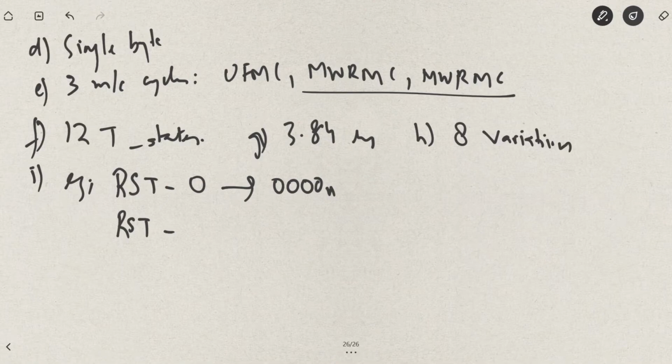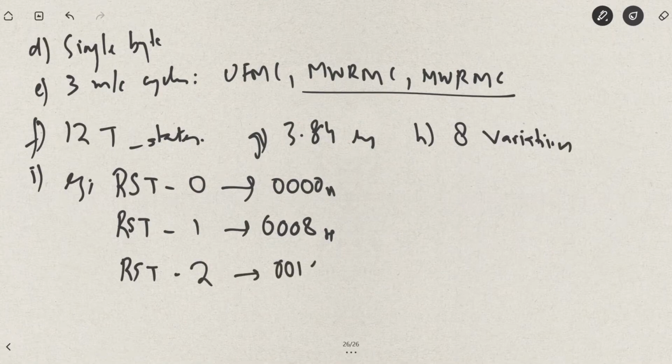RST1 means 0008H. RST2 basically means 0010H.